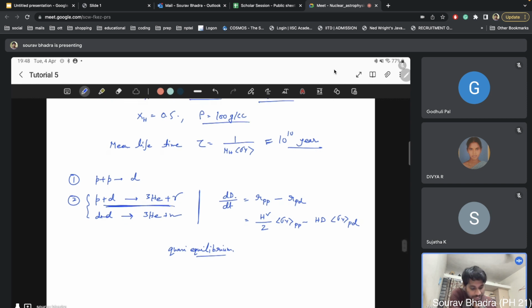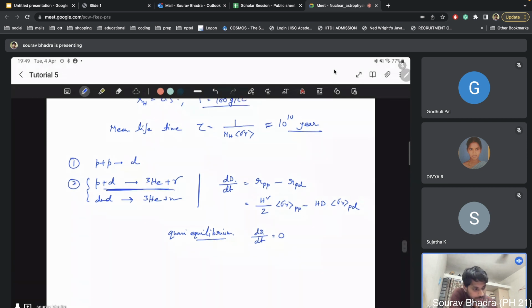It is not in equilibrium at any time, but we are considering that for some moment there should be some degree of equilibrium. That's why we call it quasi equilibrium, and it is possible only when d/dt is 0. That means there is no production and no destruction of deuterons. That will give you a constant number equilibrium.